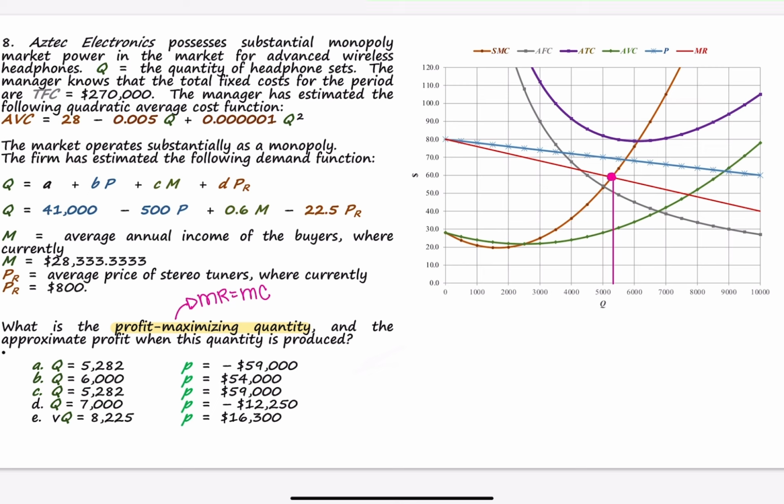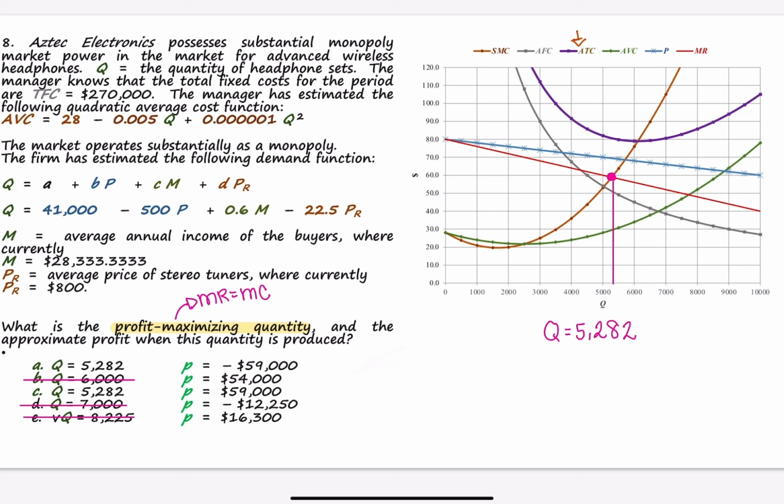If we look at our answer choices, we can't be 6,000, can't be 7,000, can't be 8,225, which means our quantity has to be 5,282. But then we also have to know, are they making a positive profit or a negative profit? So the way that we can look at that without actually having to do any math is looking at our average total cost curve up here in purple.